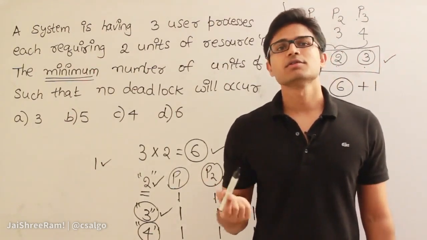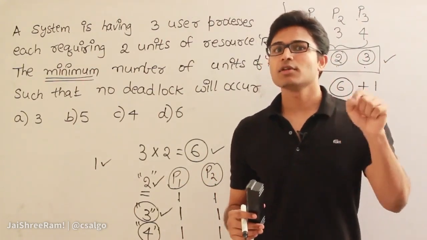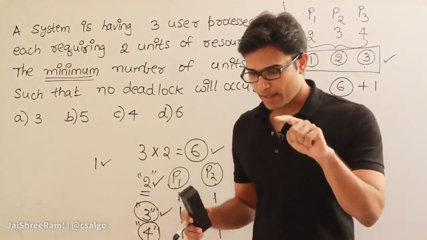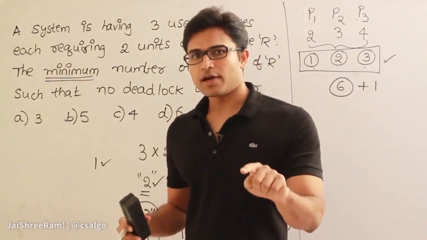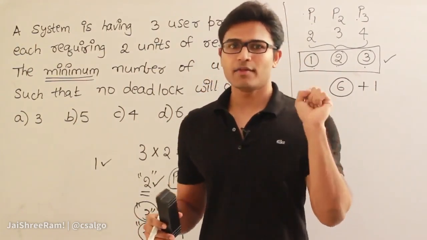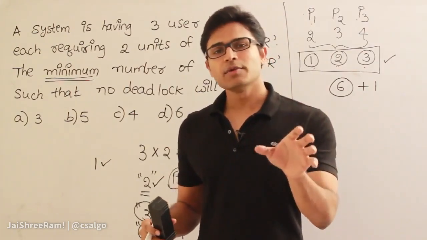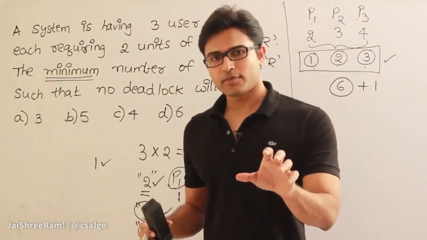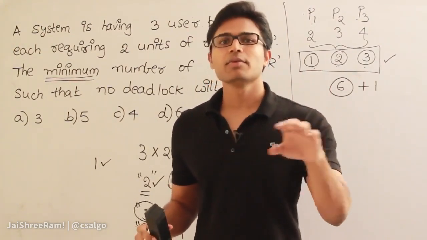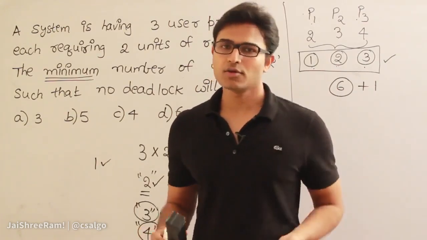And now you should give them everything that is required except 1, therefore they will wait for it. And you keep on doing it, which means give them all the resources they require except 1, just hold 1 resource back, then they will all fall in an infinite loop, I mean the deadlock. And now that will be the maximum number of resources, even after giving which the processes will be in the deadlock. In order to break this deadlock, minimum you want 1 more. That is how you compute it.